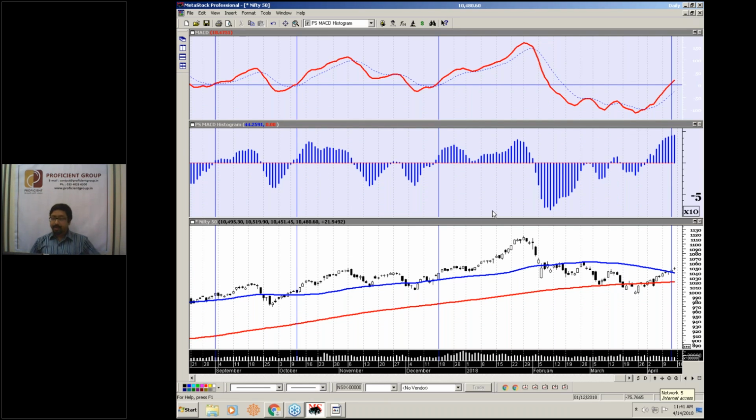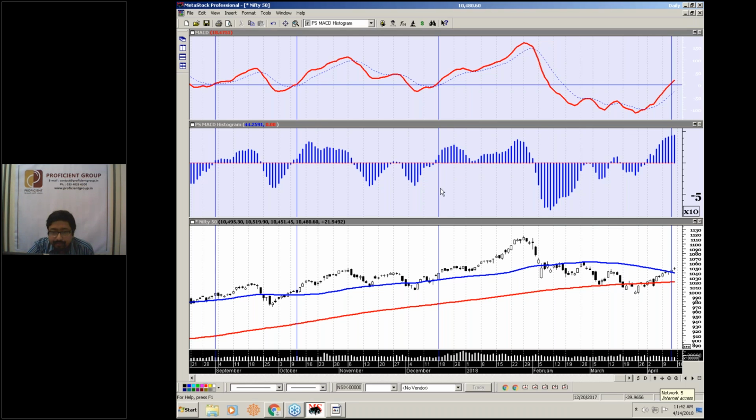Okay. Now, in the middle pane, I have plotted the MACD histogram. It is nothing but the difference between the solid line and the dotted line of the MACD, nothing else. The difference is exaggerated here by some multiplication factor, so we are viewing a magnified version.